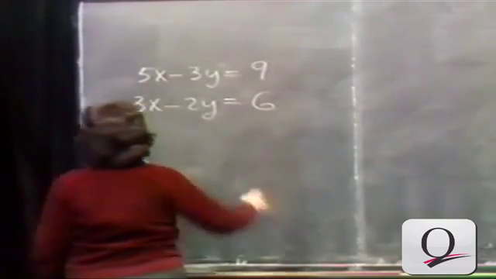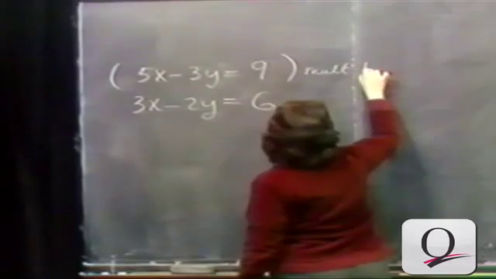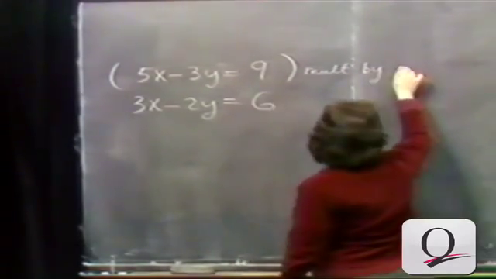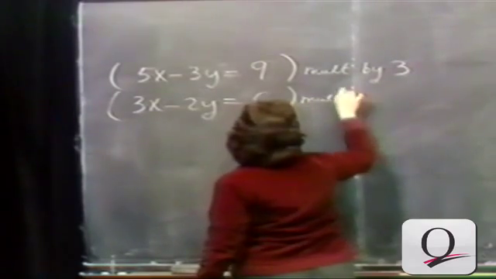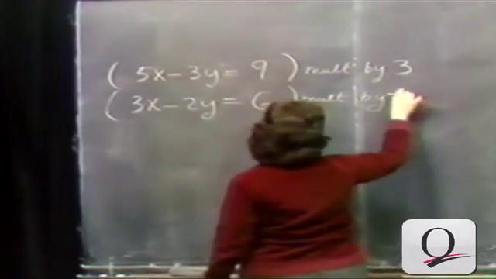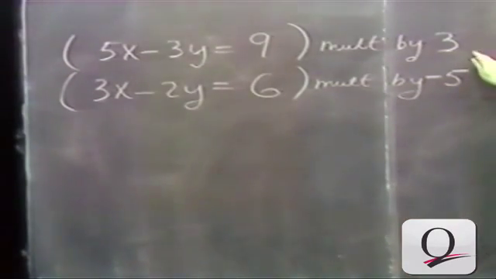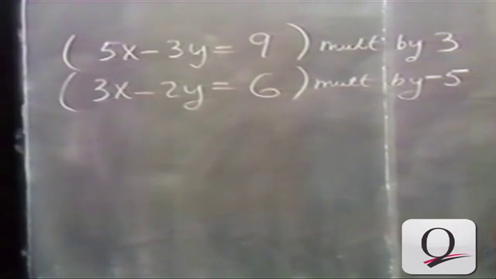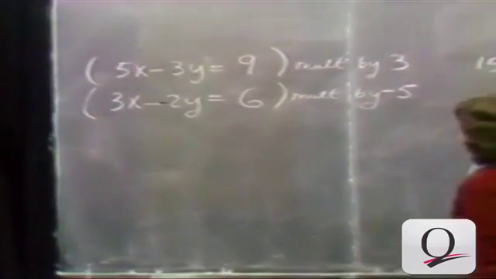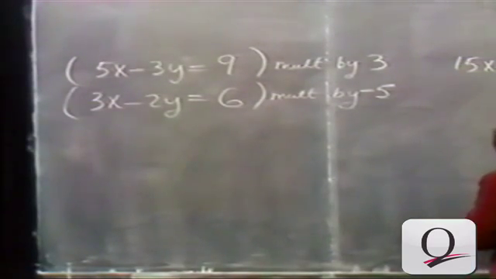Going to multiply the top equation by 3, and the bottom equation we're going to multiply by minus 5. If we multiply the top equation by 3, and remember we're distributing the 3 all the way through, we would get 15x minus 9y equals 27.